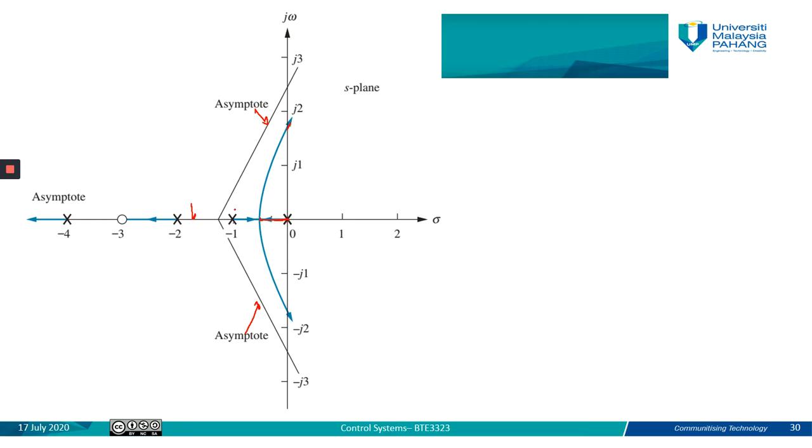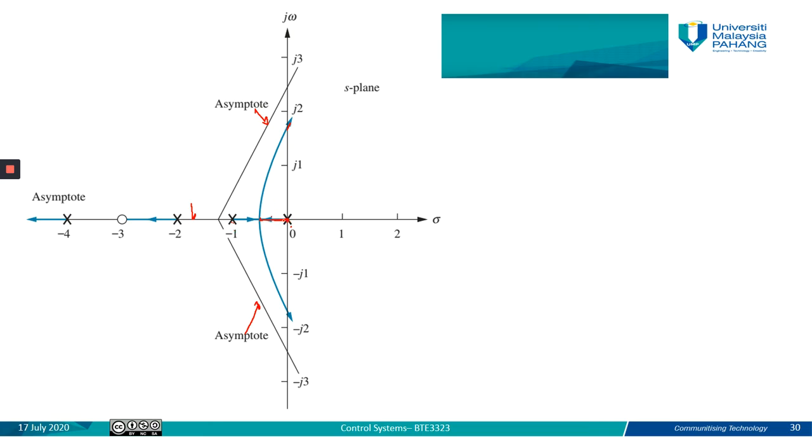So the first asymptote here will guide the root locus which goes from 0 or from negative 1. The second will guide the root locus which comes from 0 or negative 1. So these two asymptotes provide the path for the root locus from the first pole and the second pole. This is the first pole at 0, the second pole at negative 1.